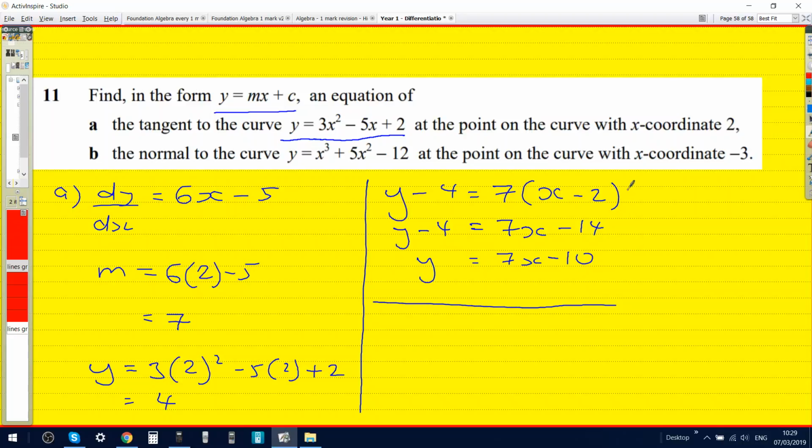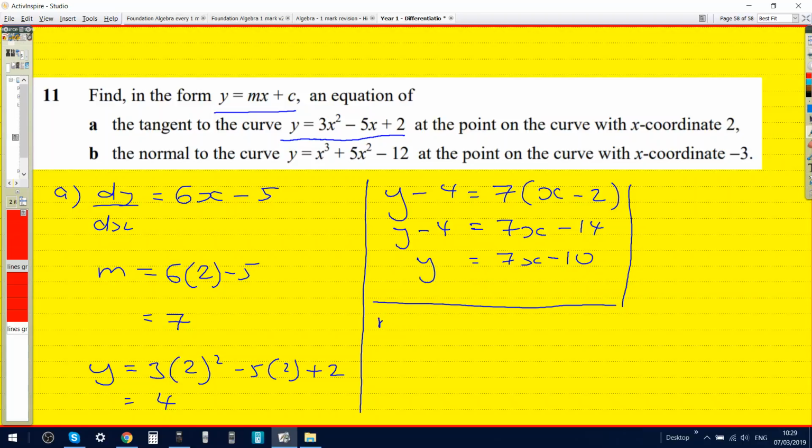They're normal to the curve. Hang on. How would you get an equation for the normal to the first curve? If there was an A part 2, what would be the normal to this curve? Minus 1 over 7.